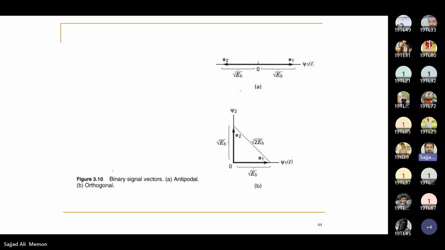What is the phase difference between antipodal signals? 280. Are you sure? 280 is too much. You can see from here, it is not 280.